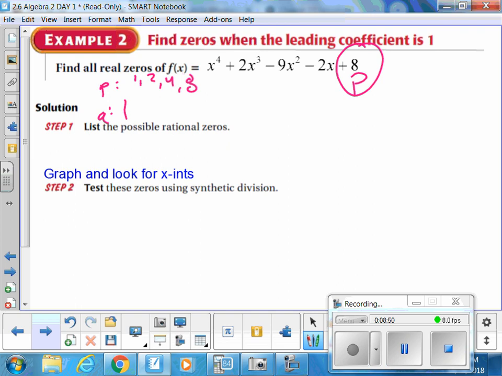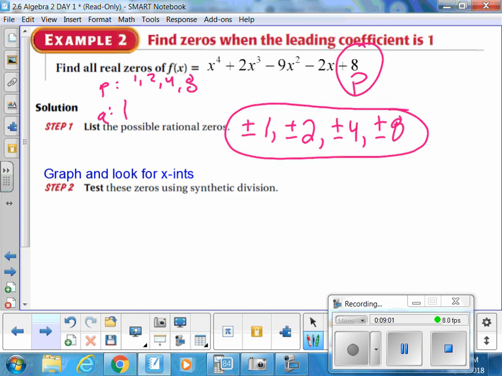Let's go with Liz. So that just gives us a list of possibilities. So I know by glancing at that, 3 is not a possibility. But 2? That's a possibility.